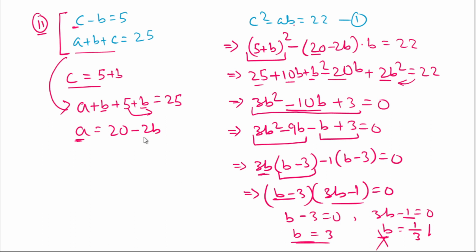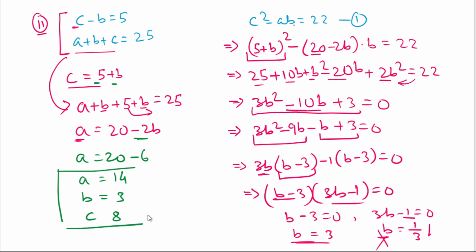Now we'll put the value of b here, that is value of a is equal to 20 minus 2b means 6. The value of a is 20 minus 6 is 14 and value of b we have calculated is 3. The value of c we'll put here 5 plus 3, that will be 8. So here we have calculated the value of a, b and c, that is 14, 3 and 8.